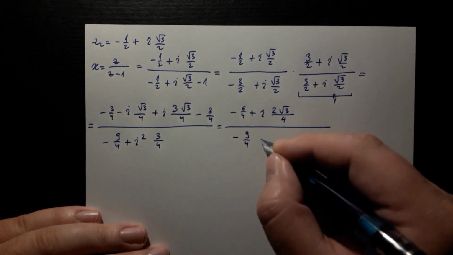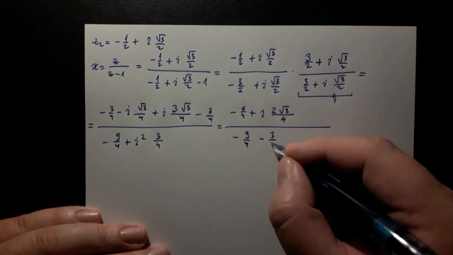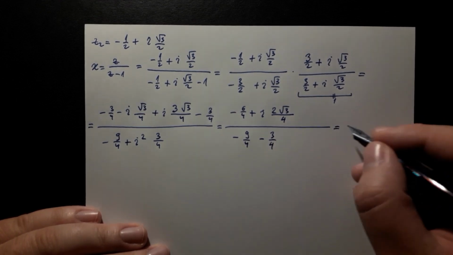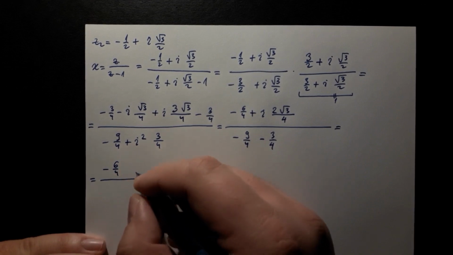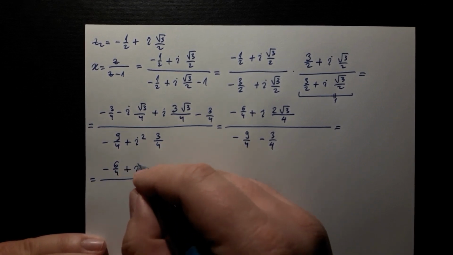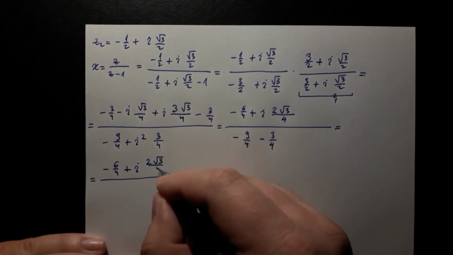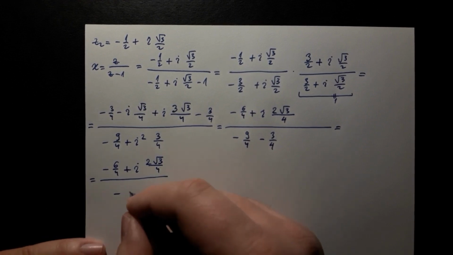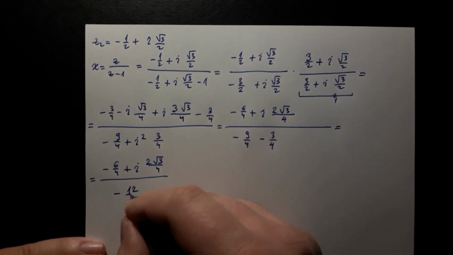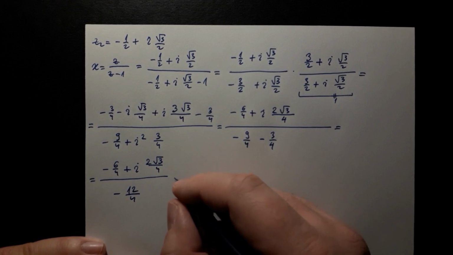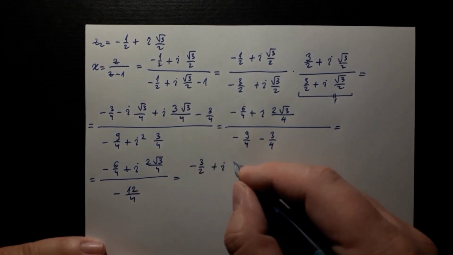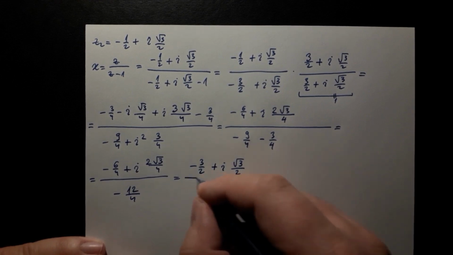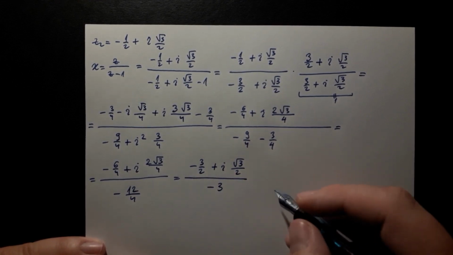Negative 9 over 4 minus negative 3 over 4, which is equal to negative 6 over 4 plus i 2 square roots of 3 over 4, and we have here minus 12 over 4, which is equal to negative 3 over 2 plus i square root of 3 over 2, and we have here negative 3.